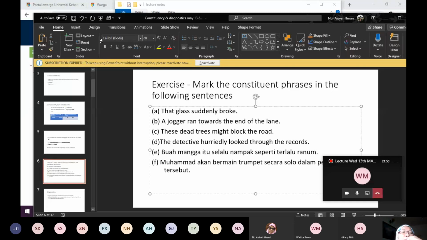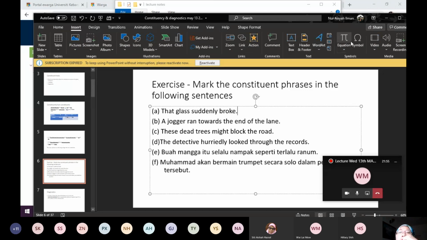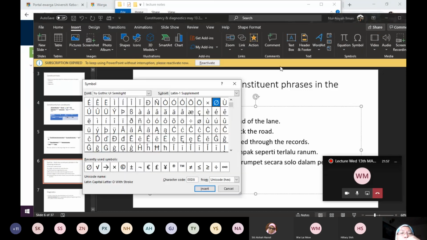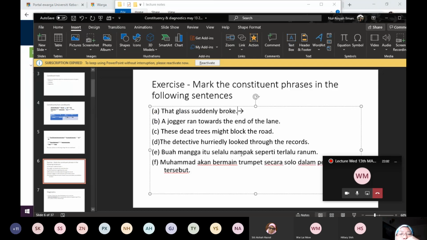Notice that if we just say, okay, I want to take glass, then it becomes it.